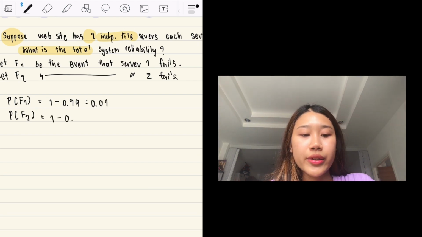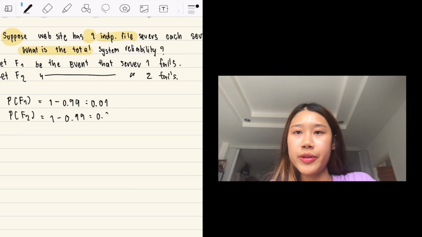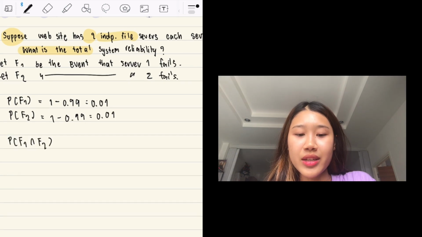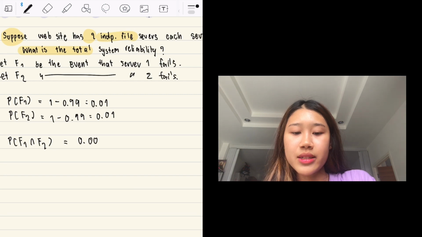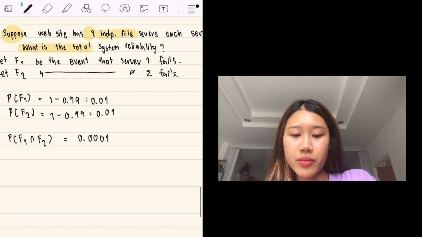Similarly, the probability of F2 equals 1 minus 0.99. What about the probability of F1 intersection F2? It is equal to the probability of F1 times the probability of F2, which is 0.0001.